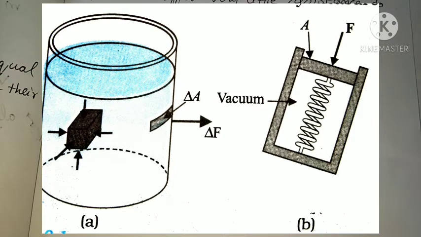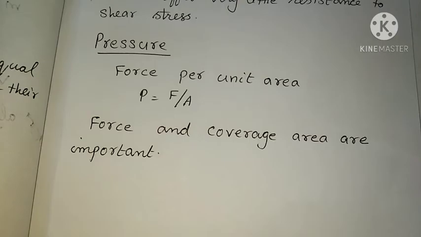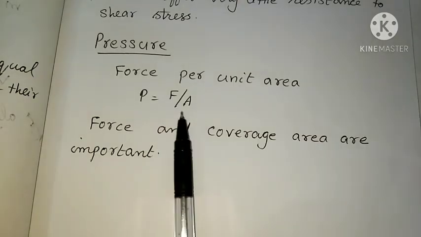So look at the figure. F is the magnitude of the normal force on the piston of area A. So the average pressure P we can define as the normal force acting per unit area. Clear? That we are writing here, P equal to F by A.